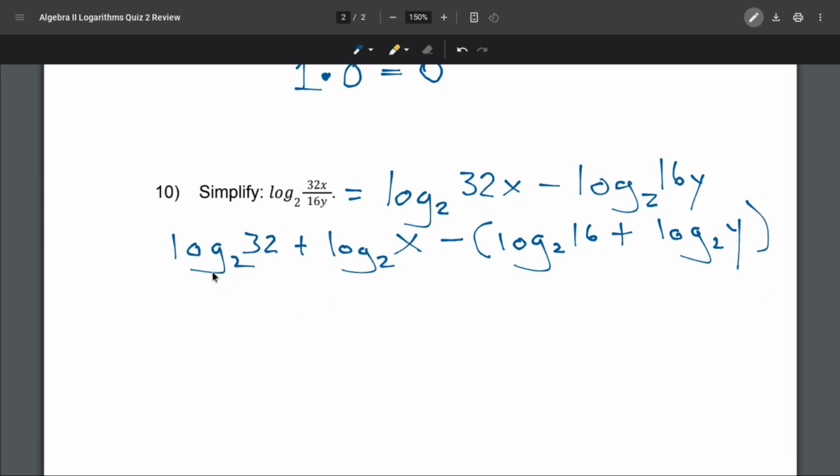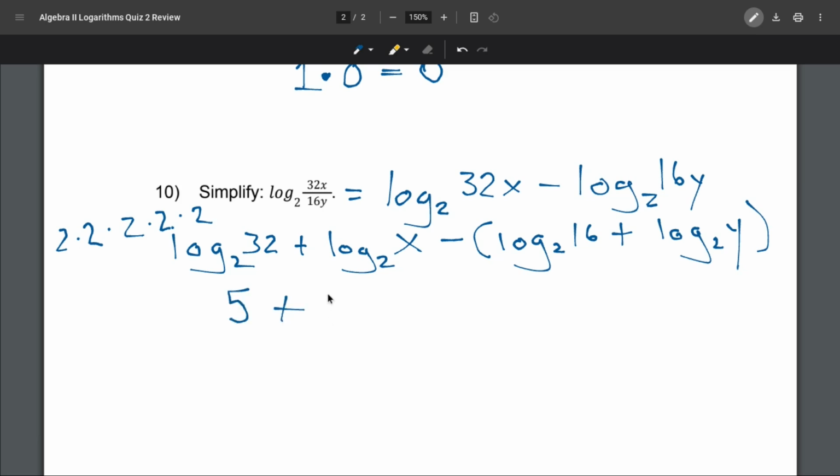All right, so first off, let's figure out what log base 2 of 32 is. So how many 2's do you have to multiply together to get 32? Well, 2 times 2 is 4, times 2 again is 8, times 2 again is 16, and times 2 again is 32. So that's 1, 2, 3, 4, 5 2's. So log base 2 of 32 is 5.